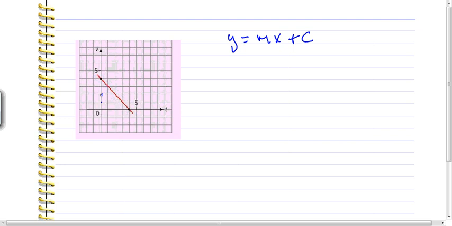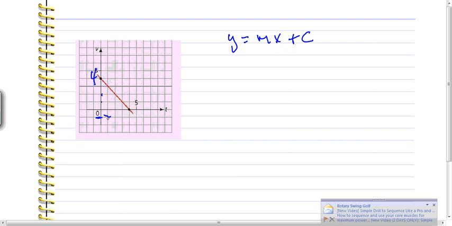Actually, there's a mistake in the axes. This is v and t. This is actually 4 here, so we'll change this. And this is 1, 2, 3, 4. So it's 4 and 4 actually.